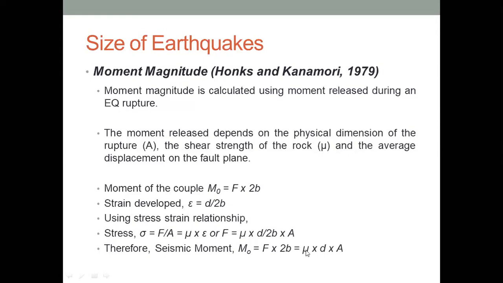So that will give you the seismic moment. So M0 is equal to the seismic moment, that is mu, the shear strength of the rock, into D, the slip measured, and A, the rupture area.